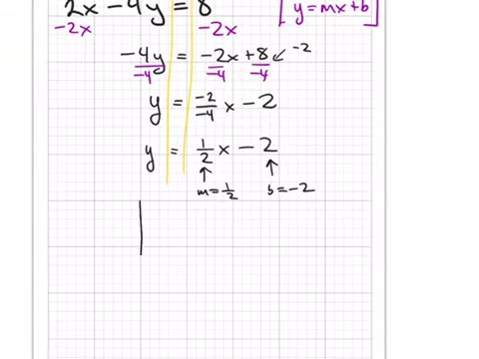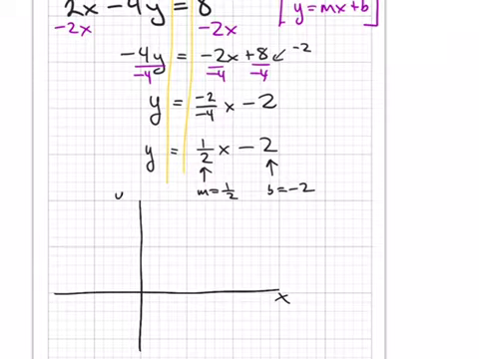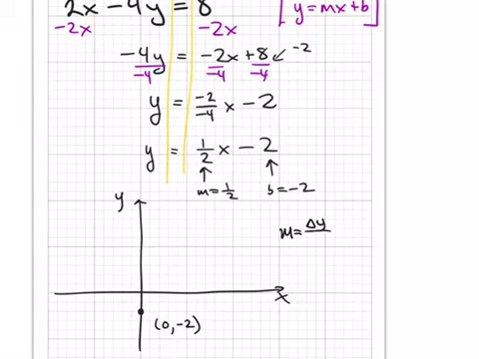And we can graph that linear equation. Okay? I'll set up my x and y axes. My y-intercept is -2, that's this point right here. And my slope is 1/2, okay? m is equal to change in y over change in x, 1 over 2.